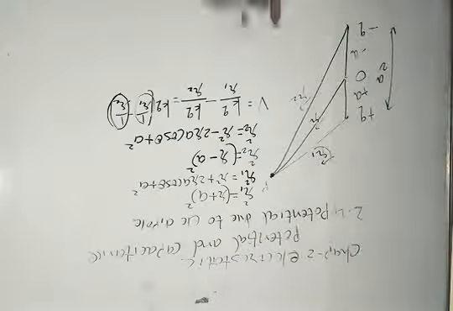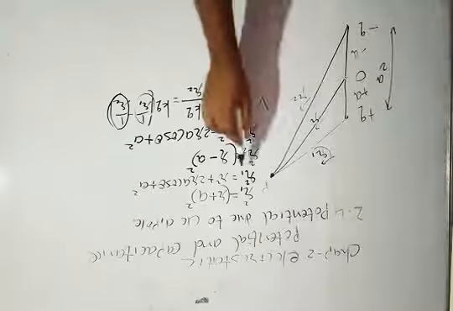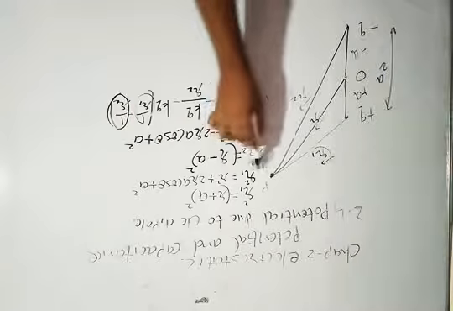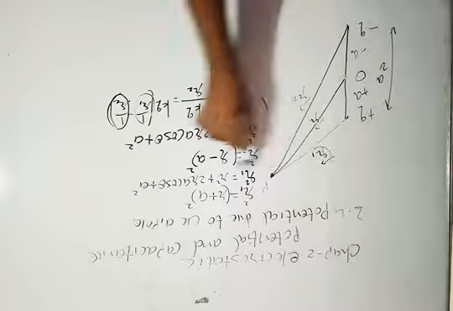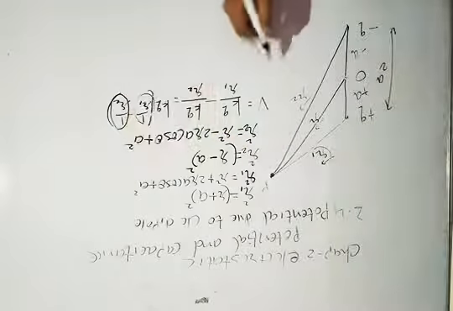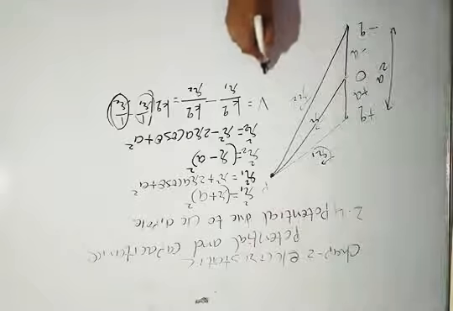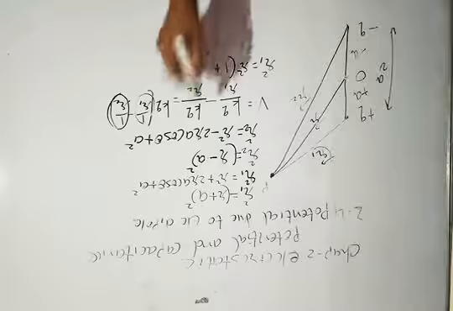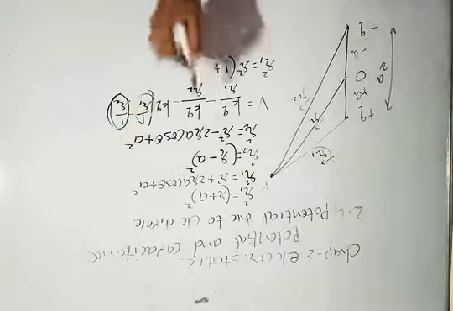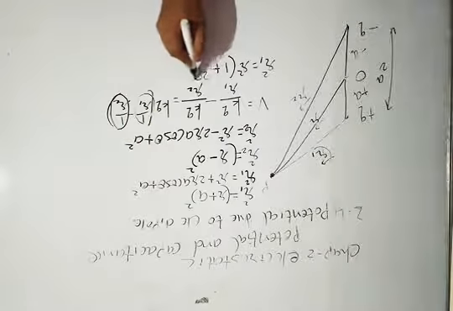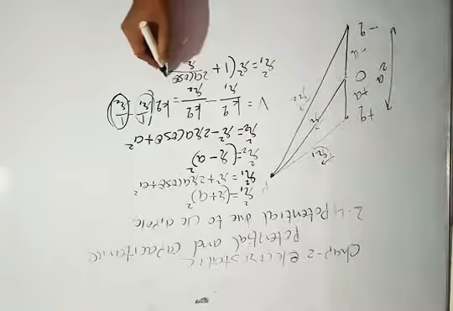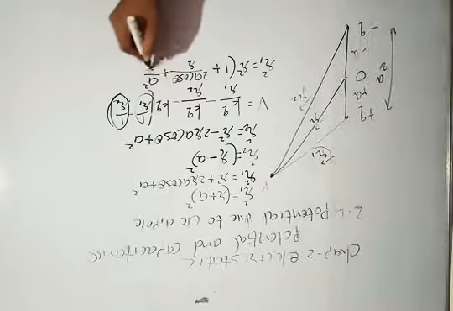In r1 square, there is an r square here, so put r square common. So r1 square is equal to r square common times 1 plus 2a cos theta upon r, the r cancels, plus a square upon r square. Clear?